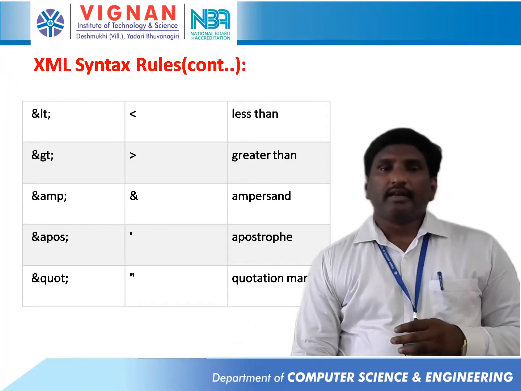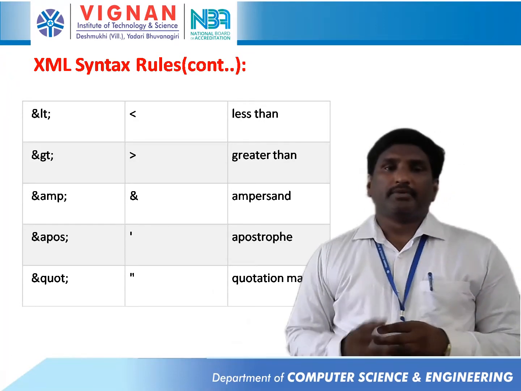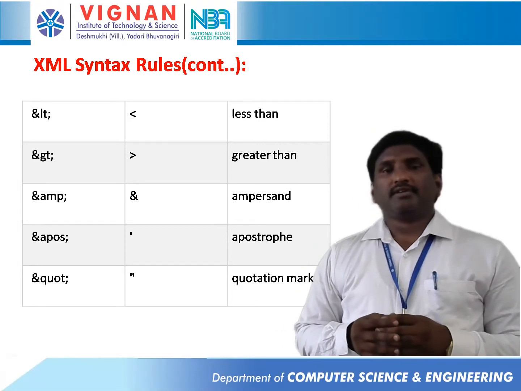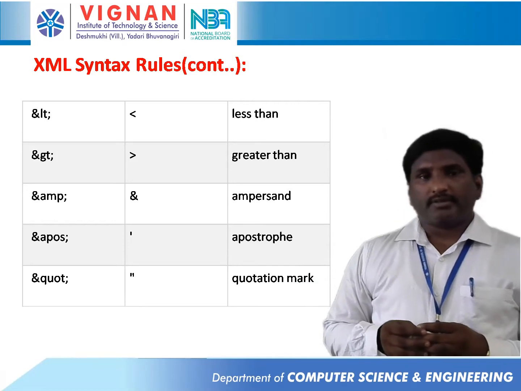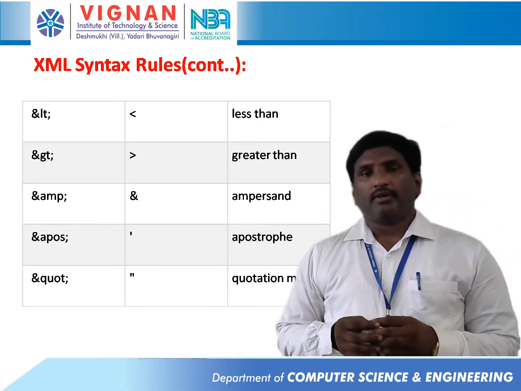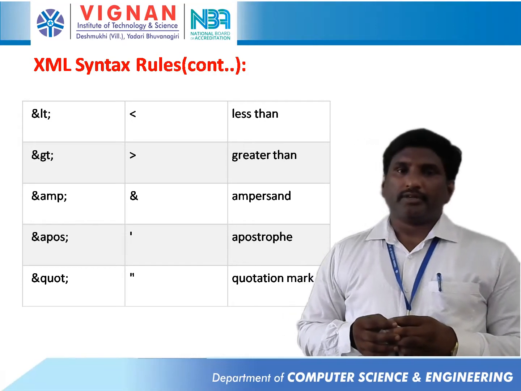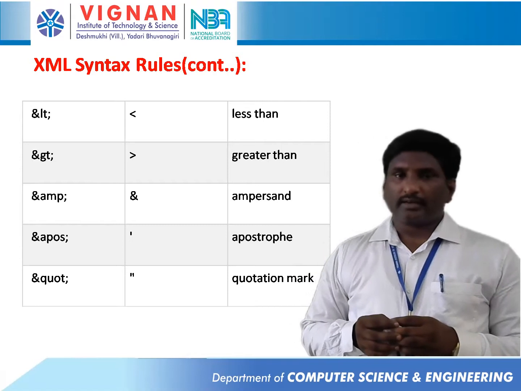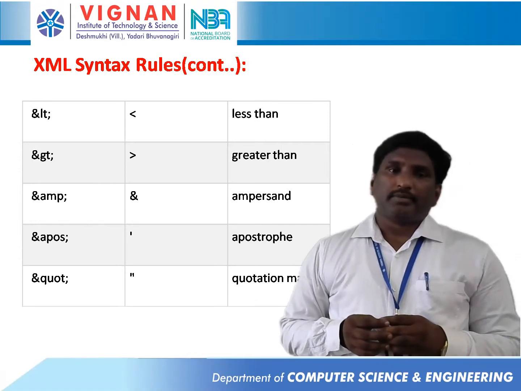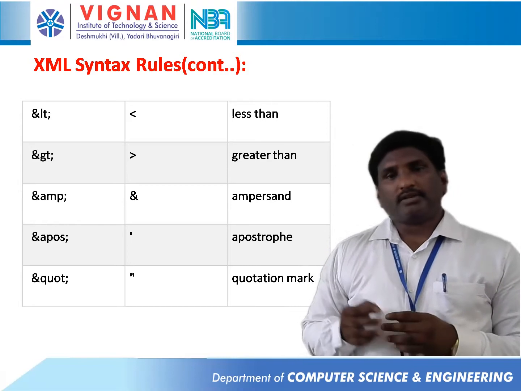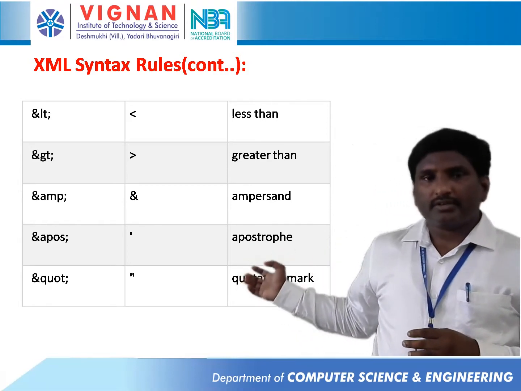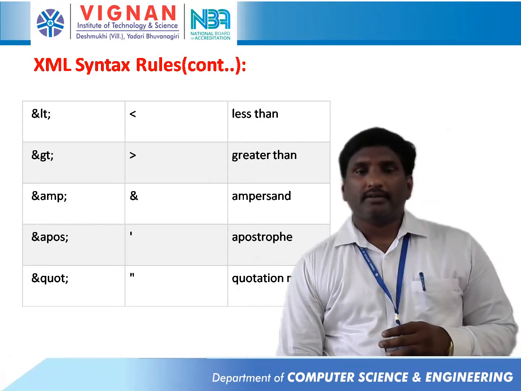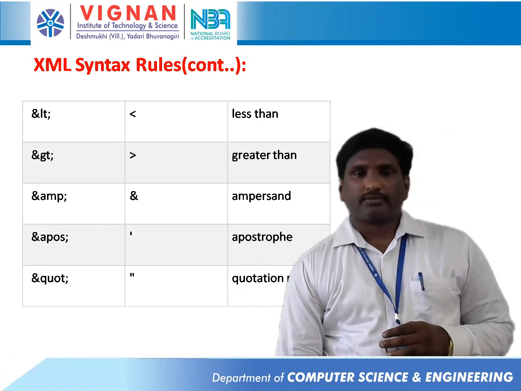Instead of less than, write &lt; instead of greater than, write &gt; instead of the ampersand symbol, write &amp; for apostrophe, write &apos; and instead of quote, write &quot; These are the entity references for the corresponding values.